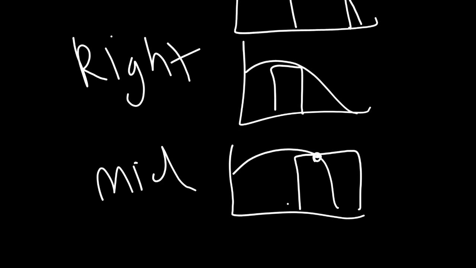Midpoint is usually the most accurate. When we divide the interval into equal subintervals, each rectangle will have a width delta x, which is equal to (b minus a) over n.